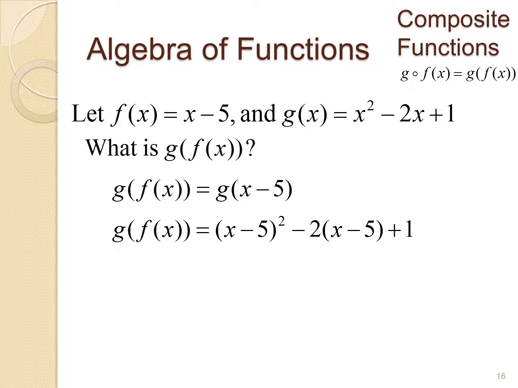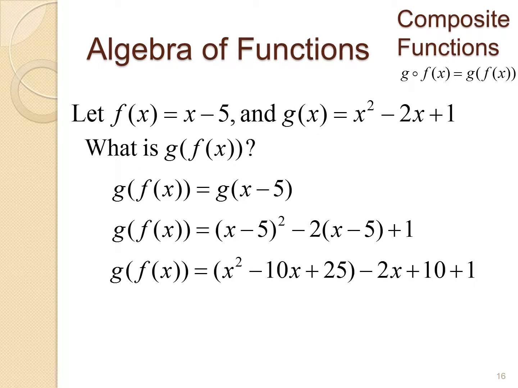Now we do the math, do the algebra. X minus 5 squared is x squared minus 10x plus 25. And you can think of it as x minus 5 times x minus 5. So it's going to be x squared, and then the middle term is minus 5, and the other term is also minus 5, so it's negative 10, and we put the x after it, and then we take the negative 5 times the negative 5 to get plus 25.